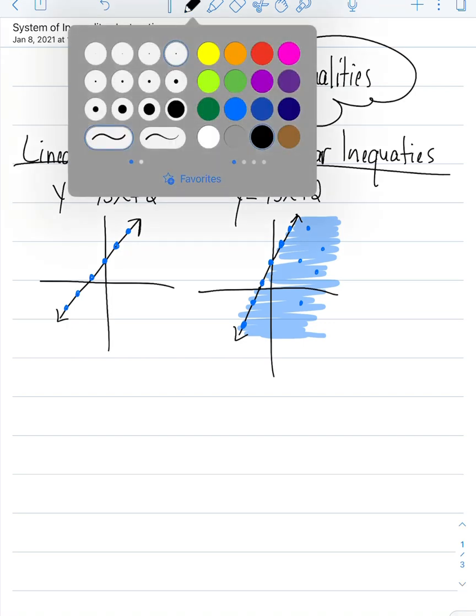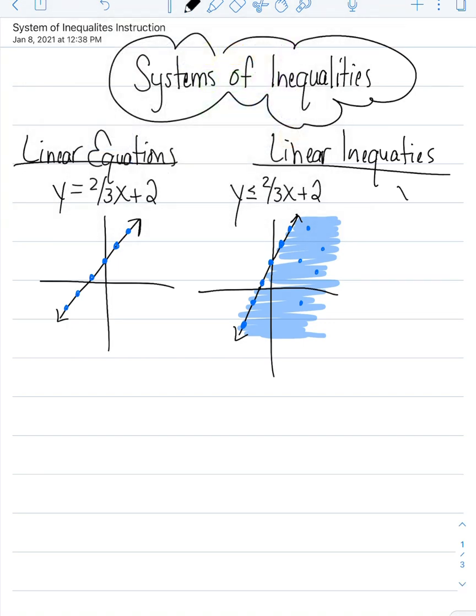And now let's look at one more example. So let's look at y is less than 2/3 x plus 2. So let's sketch that graph. We're going to have the same line, except because it's only less than, you're going to have a dotted line. And you're going to shade.